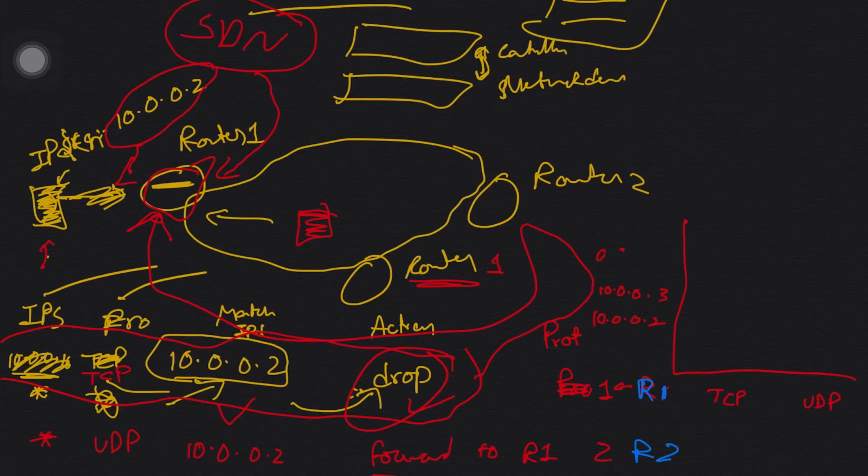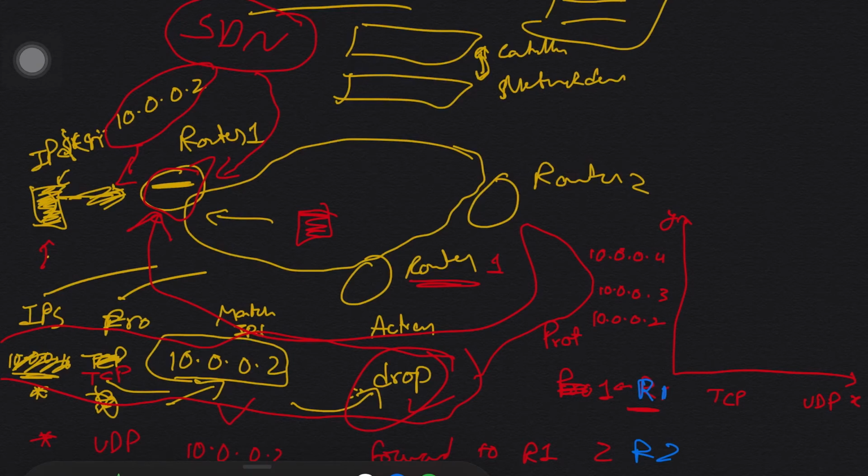So these are different IP destinations. Okay. So let's take these are the destinations on the y-axis and the protocol type. So if you want to geometrically represent R1 on the graph, how can you represent this? So what is R1?